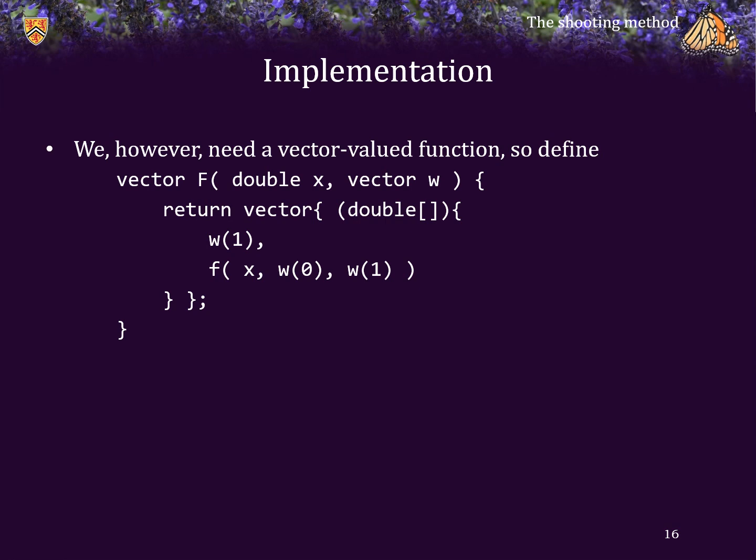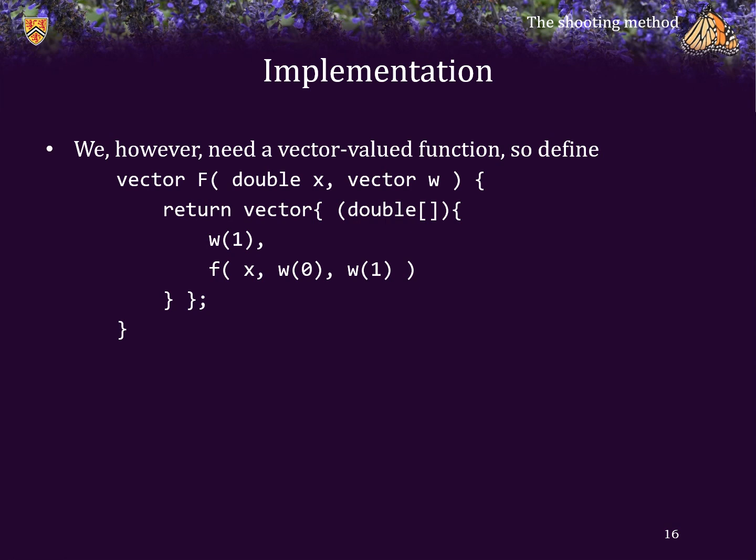However, we need the right-hand side of a system of two first-order initial value problems. So we have a vector-valued function of both the space variable x and the vector function w. And of course, the derivative of w0 is w1, so that's the first entry returned.